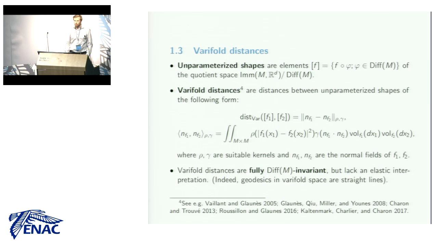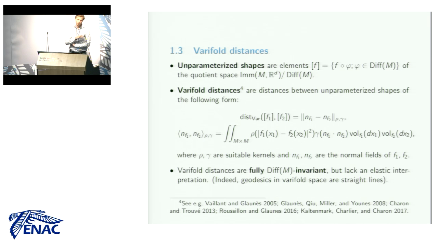So that's a pretty easy recipe, and the most important property of this distance defined this way is that it is fully diffeomorphism invariant, which is just another way of saying that it's actually a distance on the quotient space and doesn't depend on the representatives. Maybe one more remark to give you an idea of what this means to work on the quotient space from a numerical or algorithmic perspective.